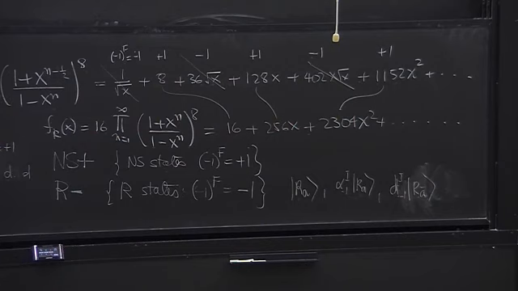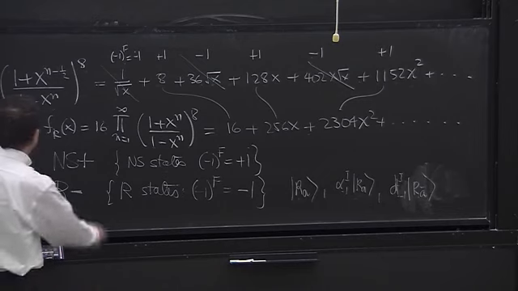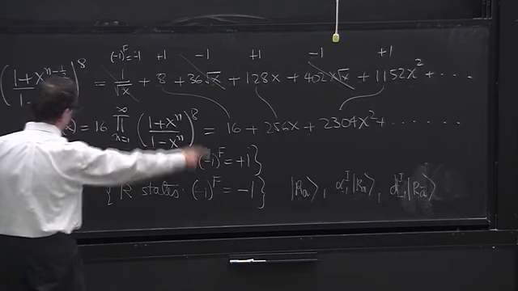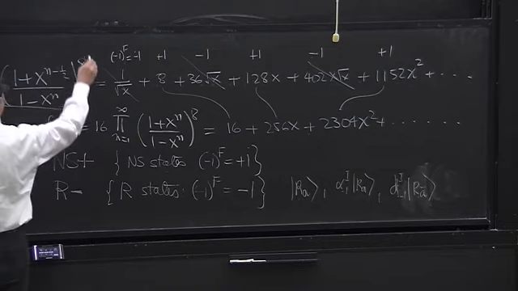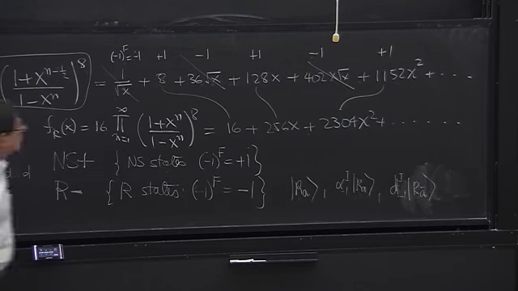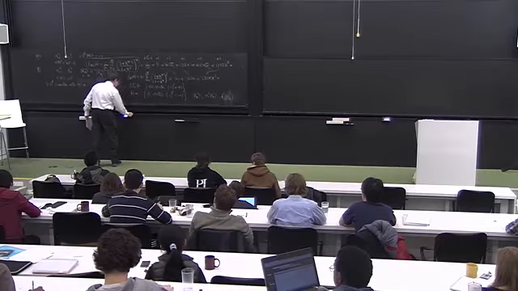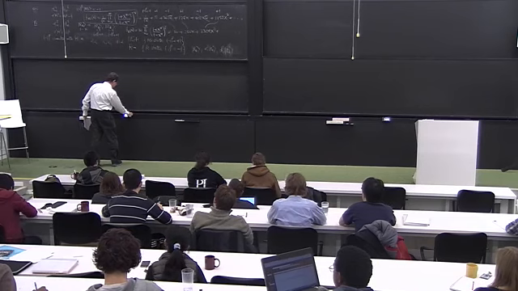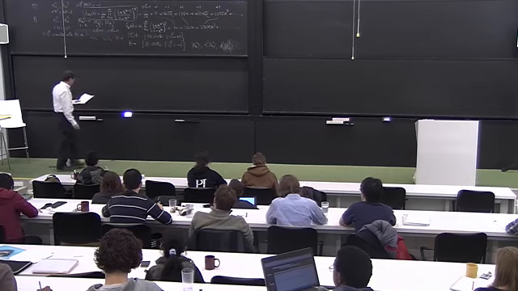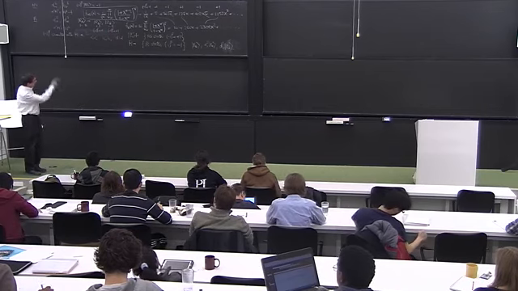So now I'm going to try to consider the partition function, or generating function, of this Ramond and Neveu-Schwarz sector. So let's do this here. Okay, so what do we want to do for the NS sector?